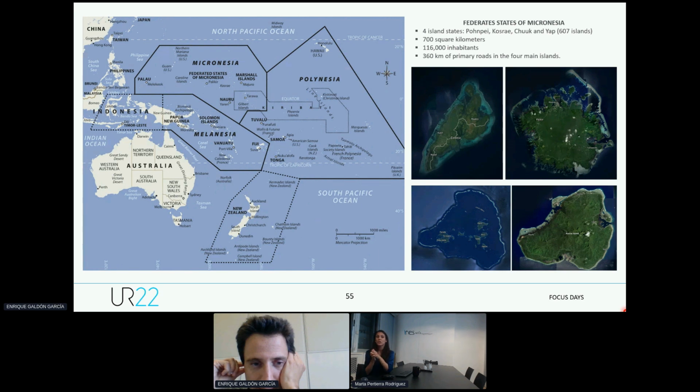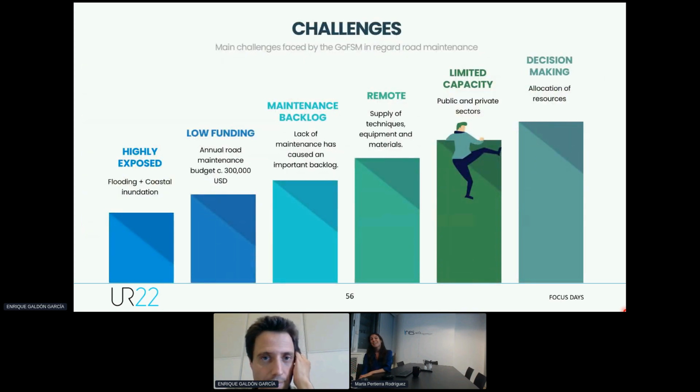So we are going to do a vulnerability assessment of the road network of these four main islands. Can we move to the following one? Thanks. As David was saying at the beginning of the presentation, some of the challenges that he suggested are also faced by the government of the Federated States of Micronesia.